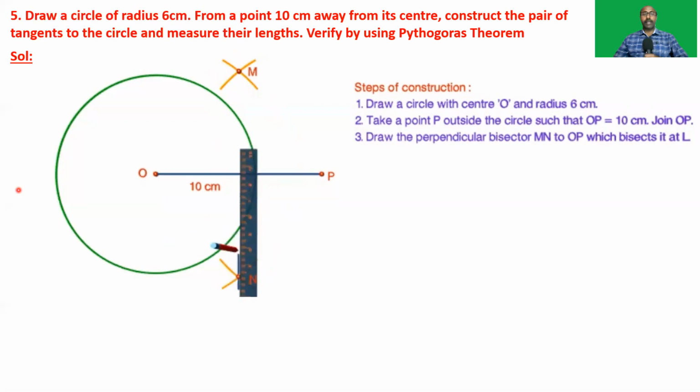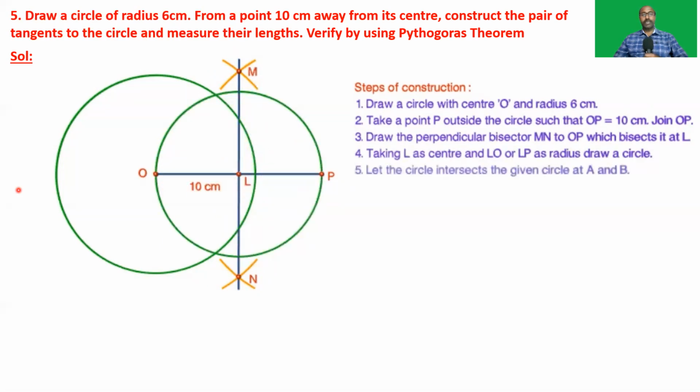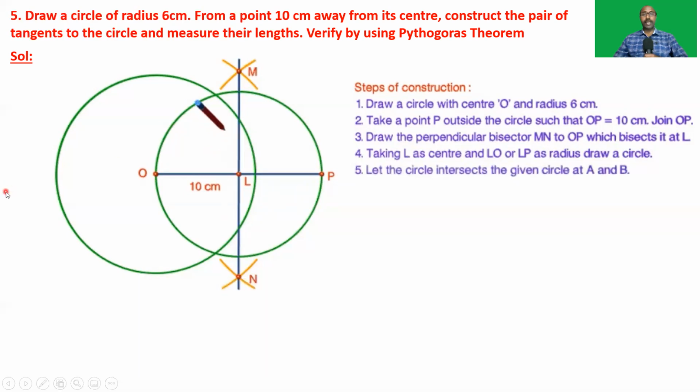Here we are taking the perpendicular bisector as MN, and let MN bisect OP at L. Now taking L as center and LO or LP, which are equal, as radius, draw a circle like this. Now let the intersection points of these two circles be A and B, like this.